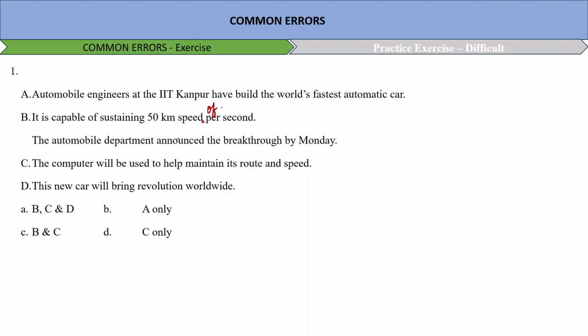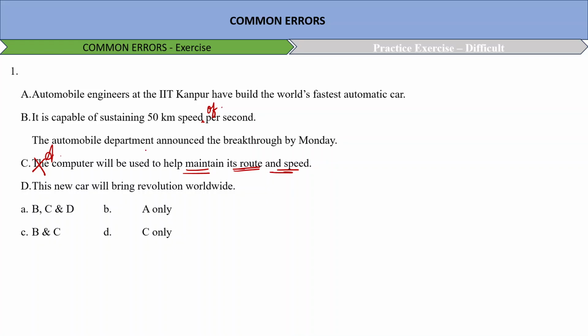The second sentence says it is capable of sustaining 50 kilometers speed per second. This will be the proper answer. Next sentence: The automobile department announced the breakthrough by Monday. The computer will be used to help maintain its route and speed. Not the computer, there's no particular computer which is going to help them maintain the route and speed, but actually any computer they will be using will help it.